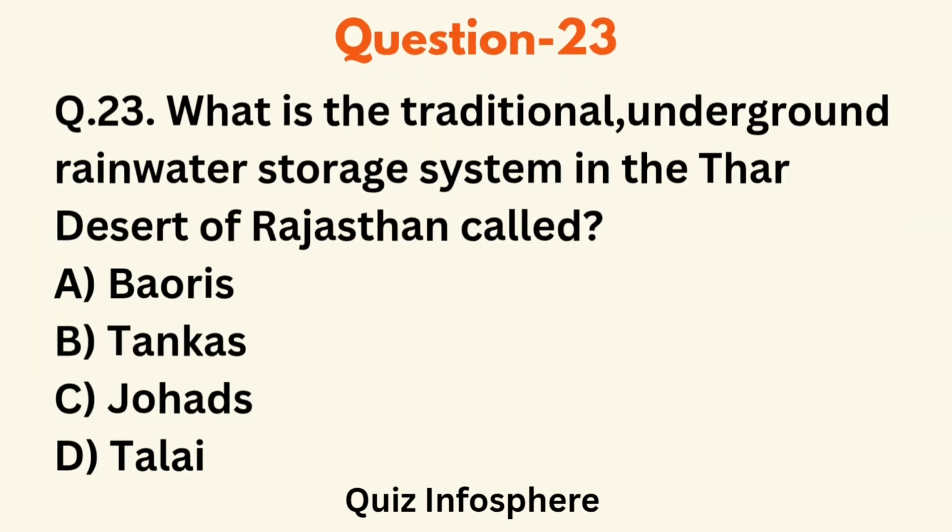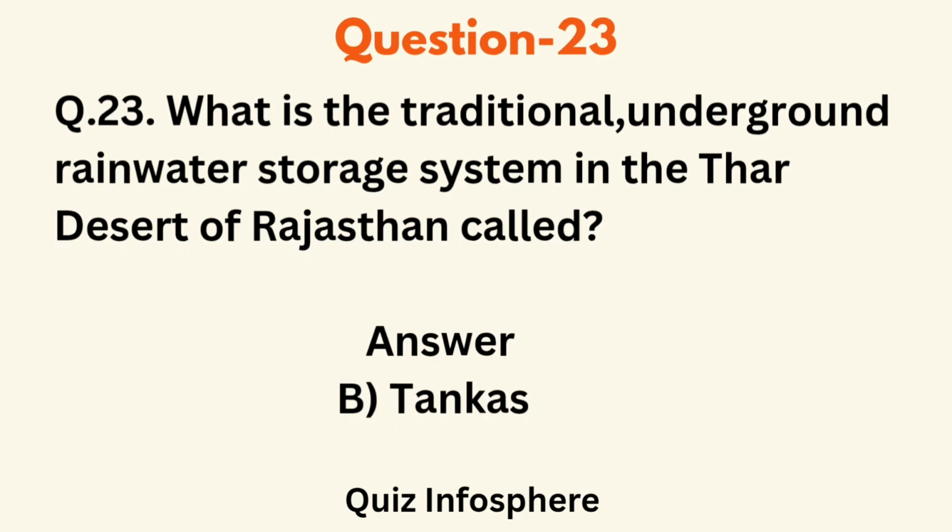Question 23. What is the traditional underground rainwater storage system in the Thar desert of Rajasthan called? Boris, tanks, jodas, talai. The correct answer is option B, tanks.